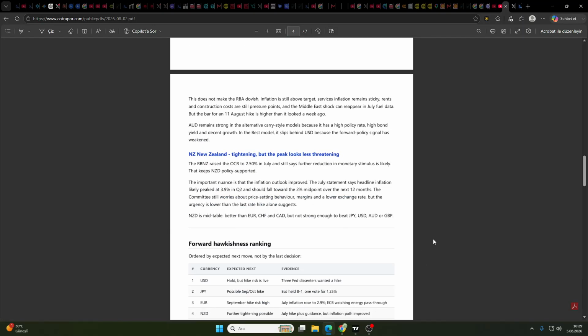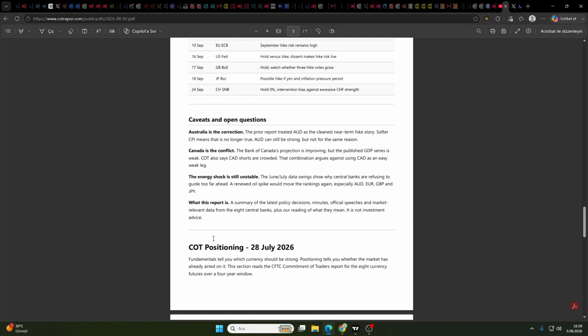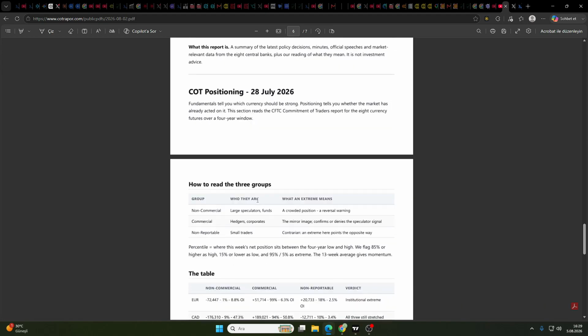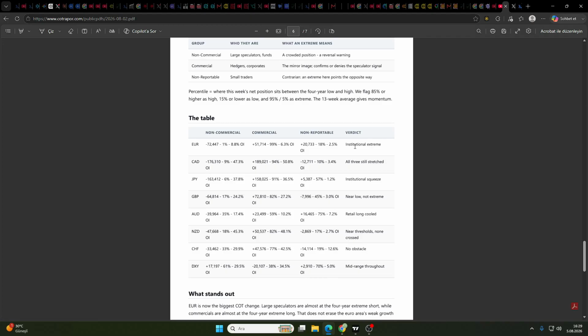When a pair's strength is turning, you need to analyze and detect it. For example, euro's hawkishness is increasing much, and on the COT side, institutionals are at an extreme. This is a very important sign of euro strength.